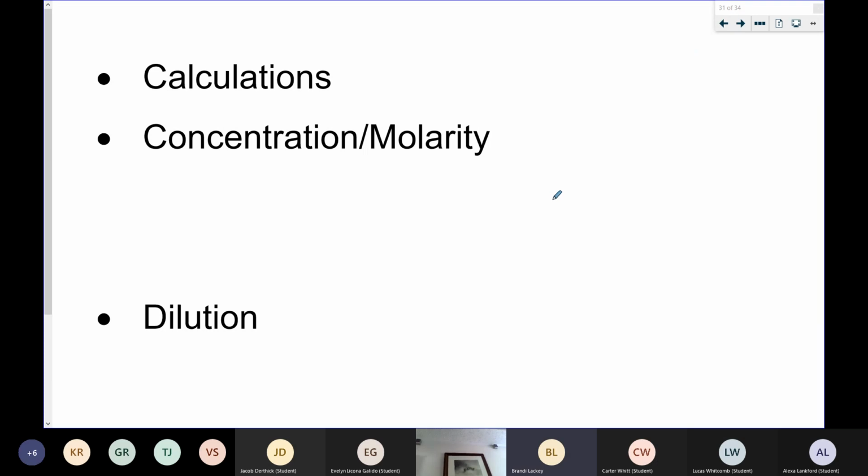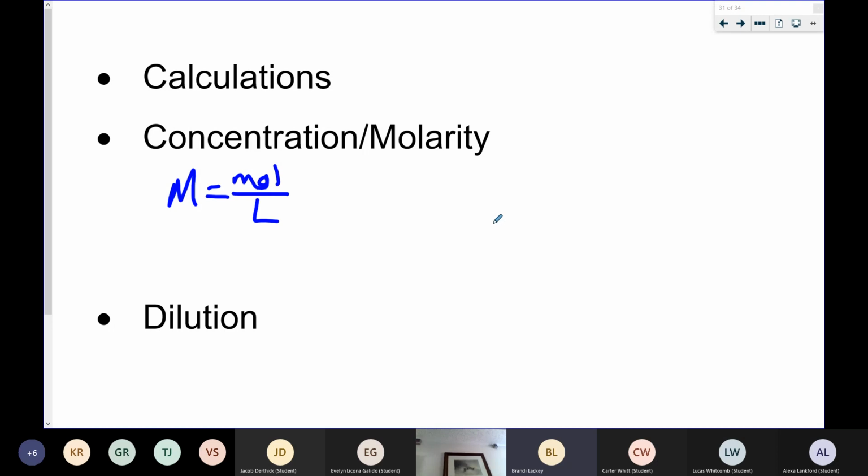Calculations we did with solutions: we found molarity. So remember, concentration looks at how many grams are dissolved in a certain volume. Molarity is specifically one of our formulas we do. So remember, molarity is moles over liters. Most people did okay with those calculations.